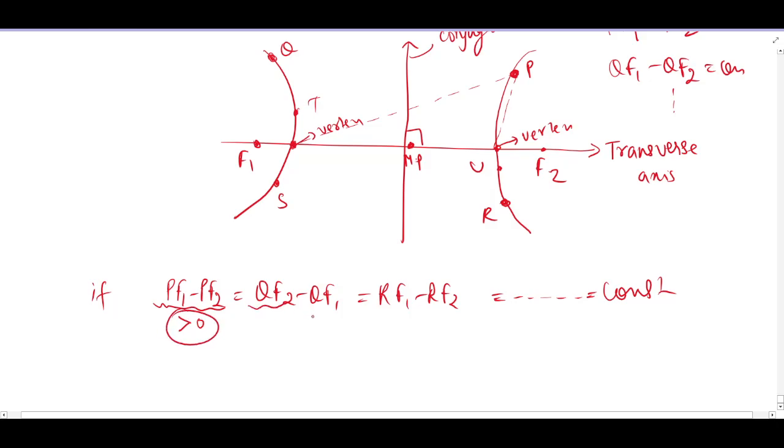So large distance minus a small distance, this is a large distance and a small distance.